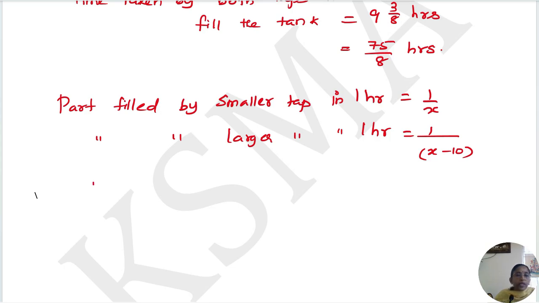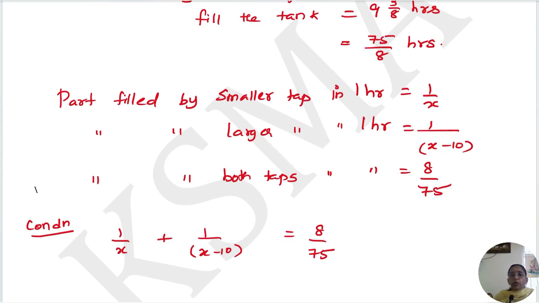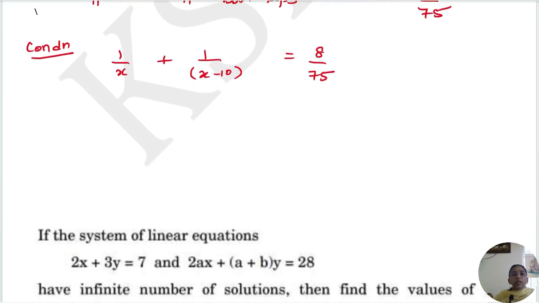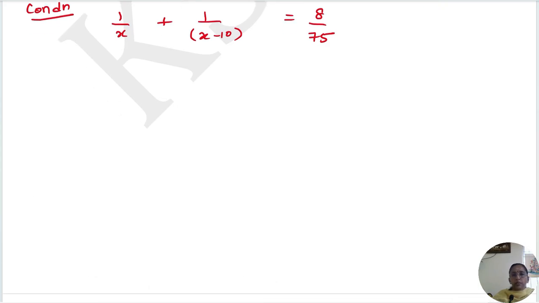And the part filled by both the taps in 1 hour is 8 divided by 75. So according to our condition, 1 by x plus 1 divided by (x minus 10) is equal to 8 divided by 75. Now take the LCM and do your cross multiplication. Bring a quadratic equation and then you can find your answer.